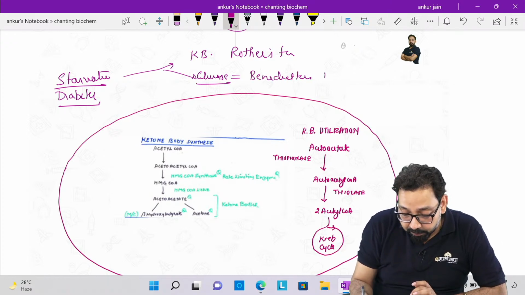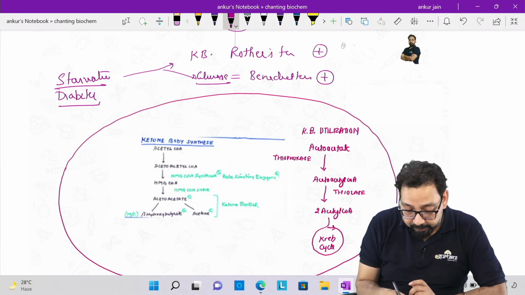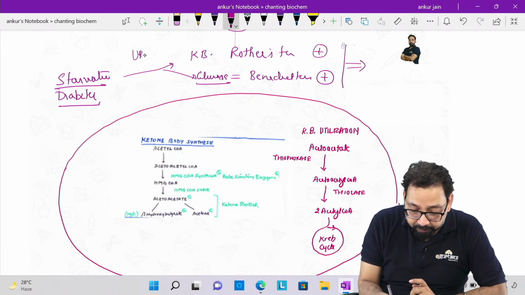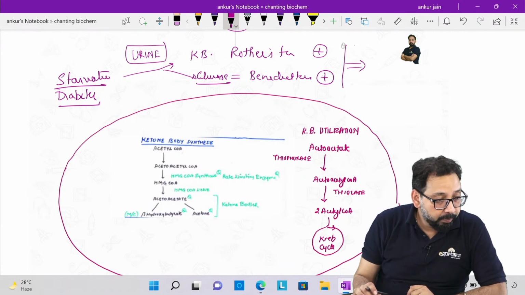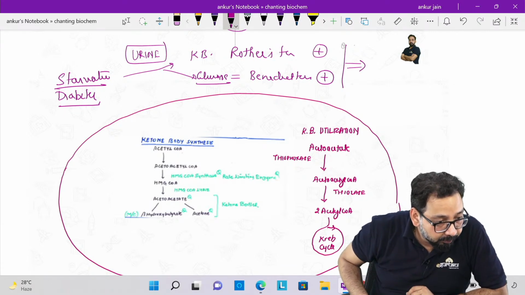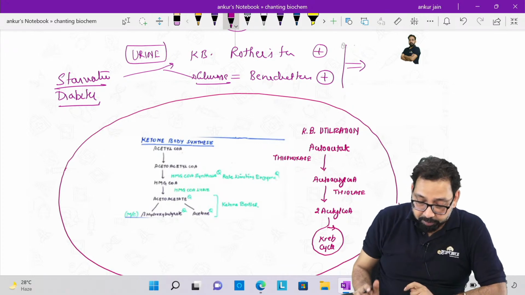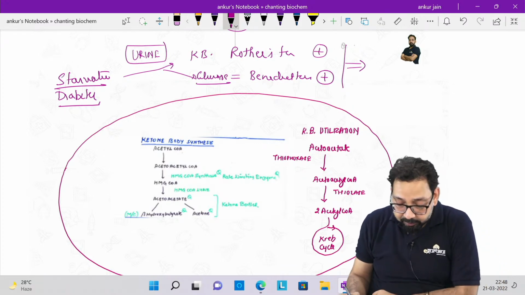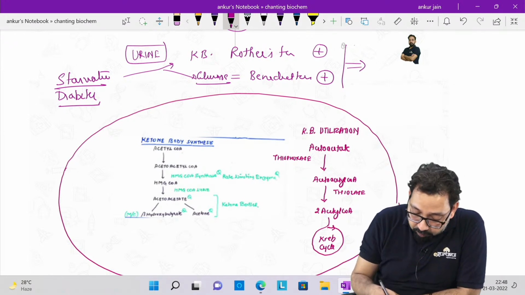Benedict test positive, Rothera's test positive. Yes. Then you took a urine sample. Please do reply. Very good. Thiophorase is absent in liver. Very good.